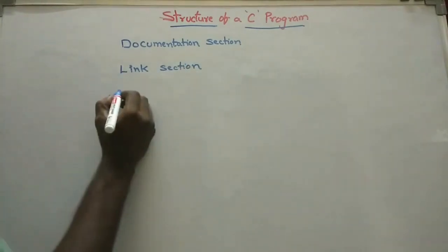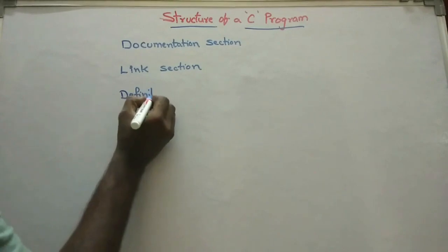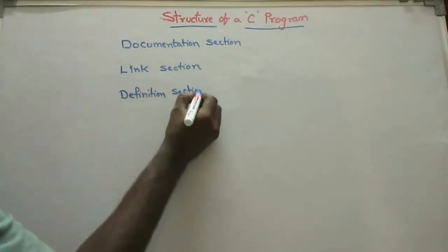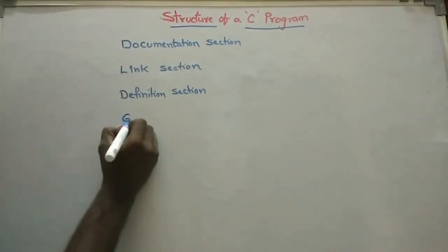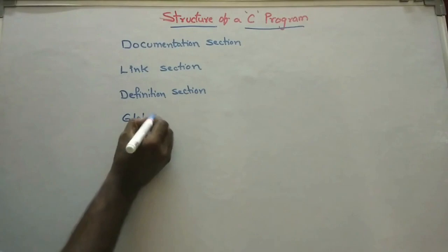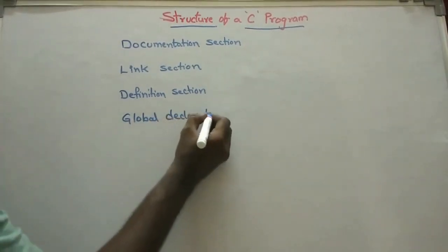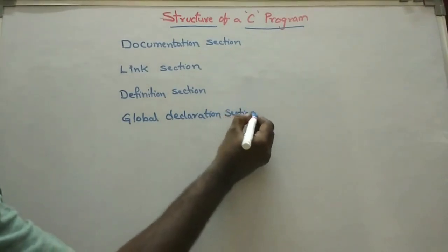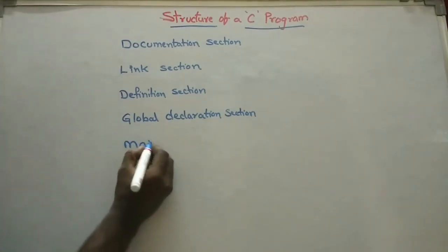The third one is the definition section. The fourth one is the global declaration section.